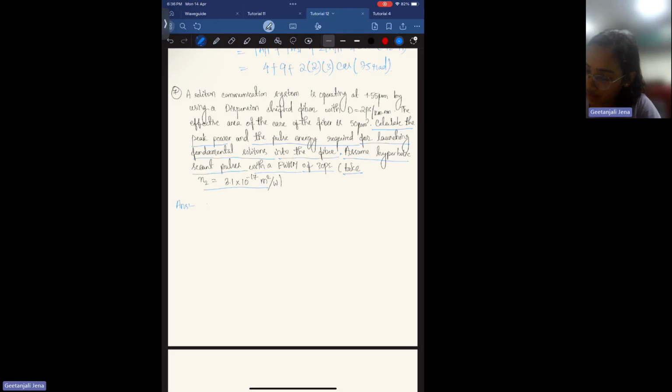Okay, so we need to find P0 first. It's given that it's a fundamental soliton, which means N is 1.